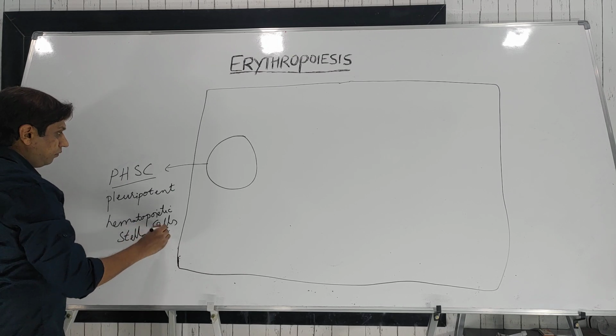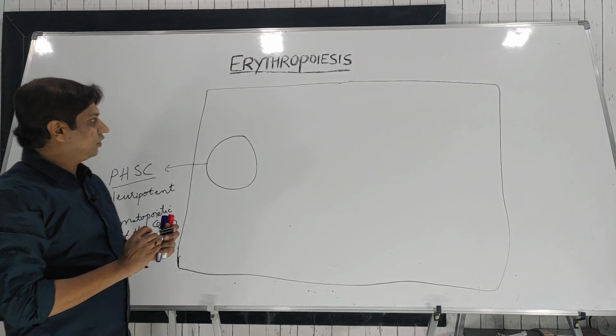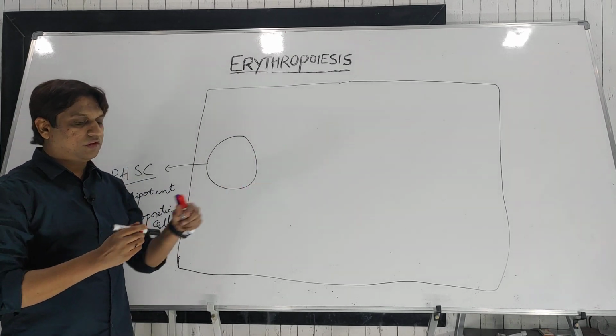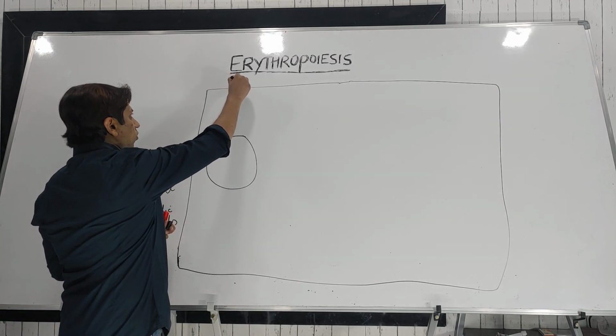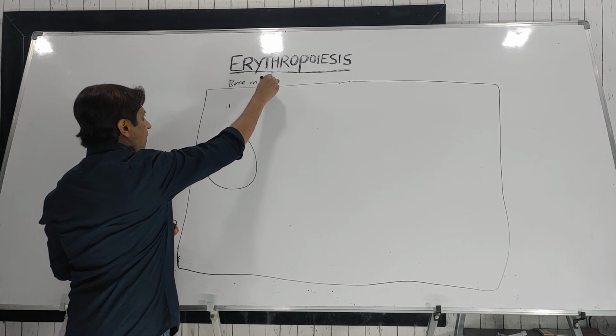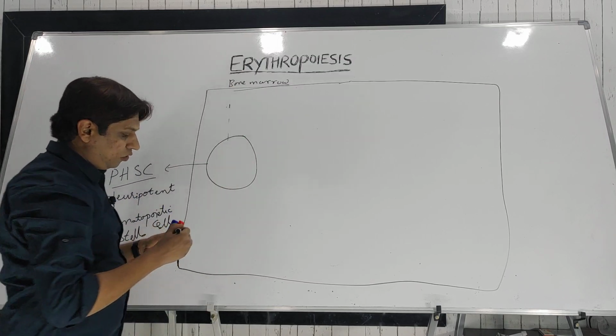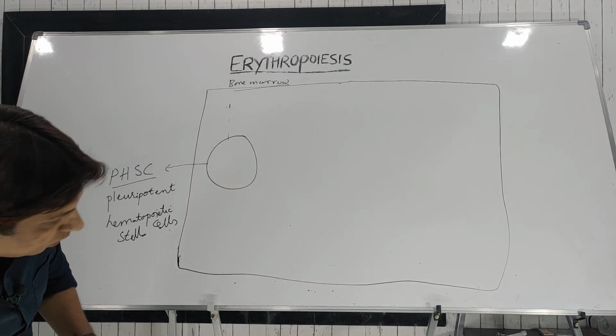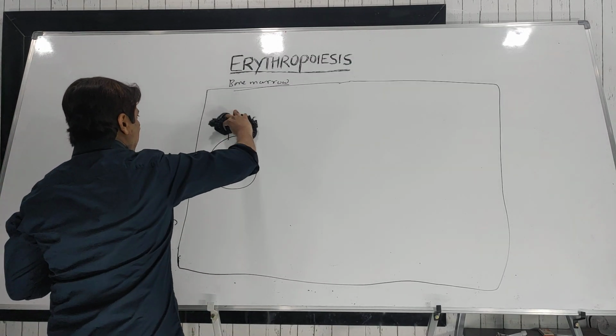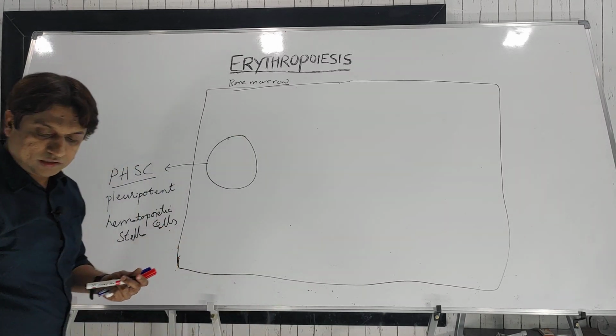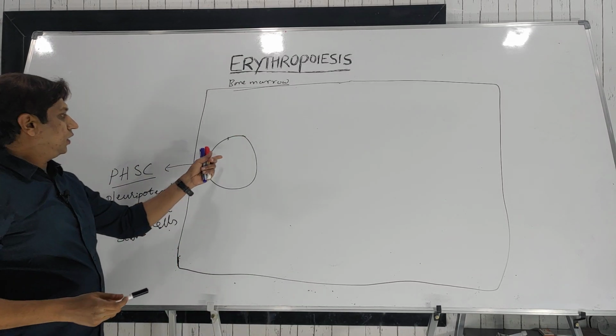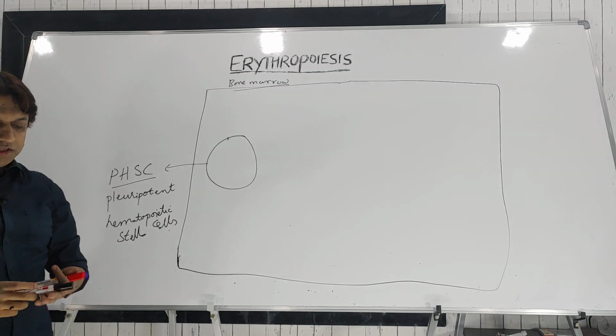In the bone marrow there is production of all the blood cells, and now we are discussing the RBCs.